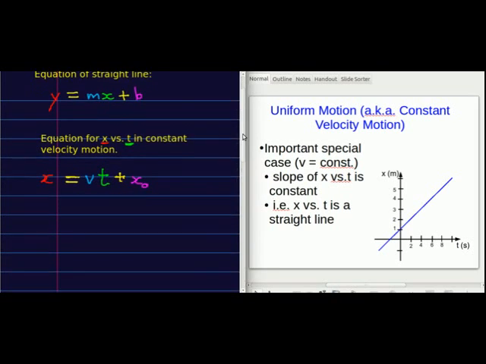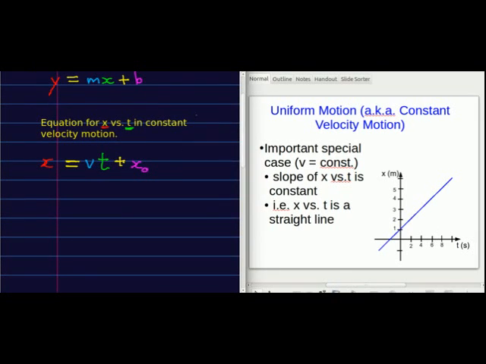So we can now read it off from this one. In this graph here, we can see that x equals the slope. If you just look at this slope, we go up 1 for a run of 2. So we have a 0.5 meter per second slope. t is just the thing on our horizontal axis, plus x0 is 1 meter.